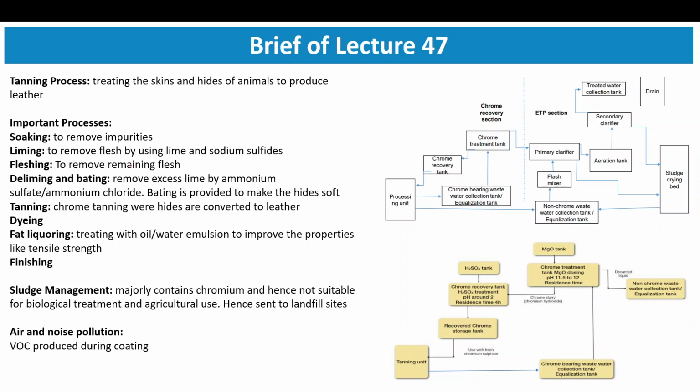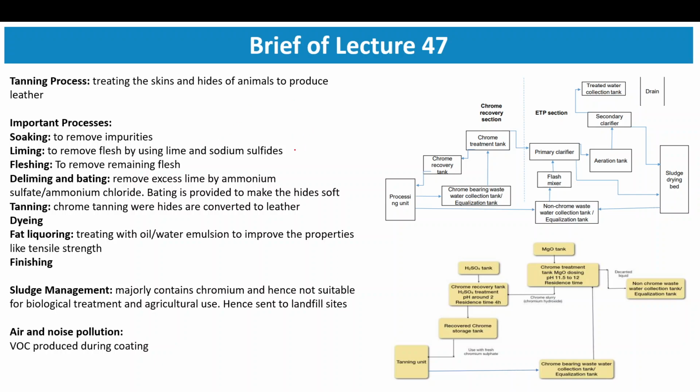Then we provide liming, where lime is added. Here it removes the flesh. Further, it can remove hair and other impurities which are present on the skin and hide of the animals, right?